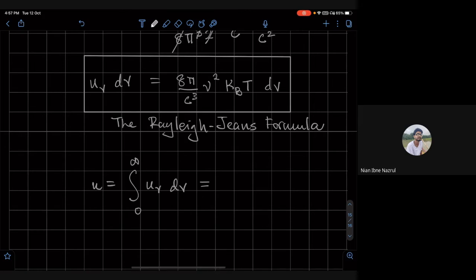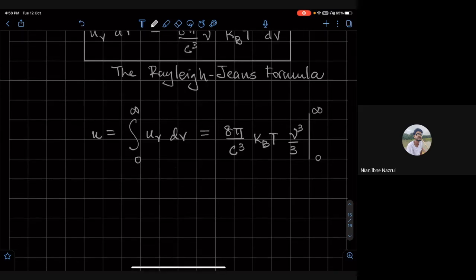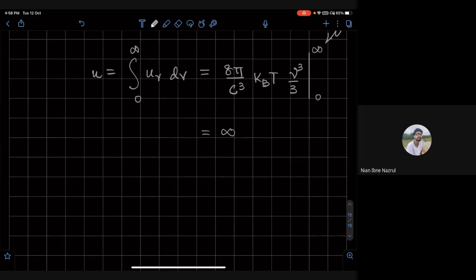So here we should get 8 pi over c cubed kBT, and then nu cubed by 3, with limits from 0 to infinity. And obviously this is divergent, but see that the divergence comes from the upper limit of the integral.